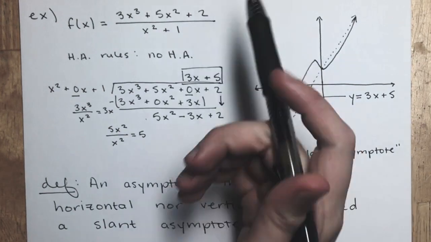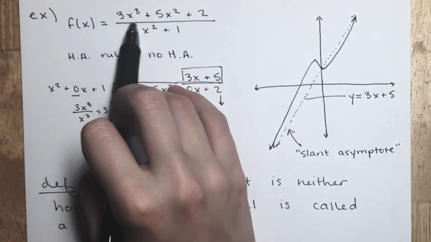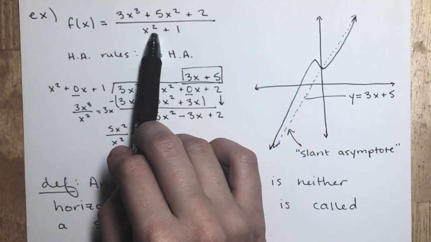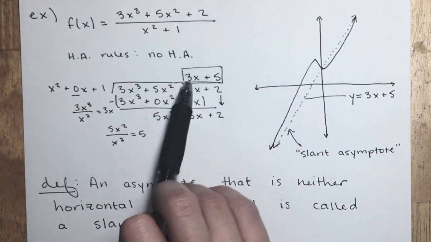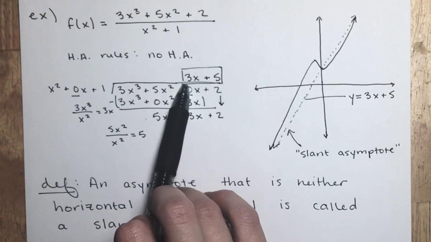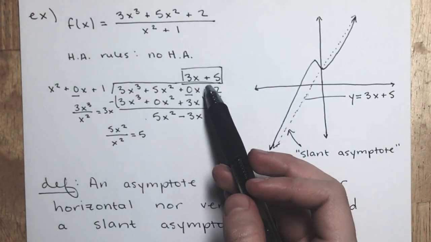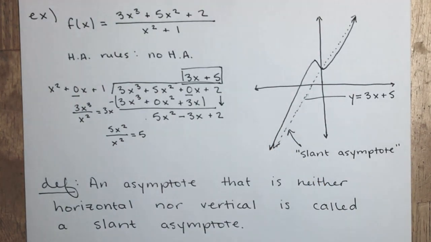So in this case, we're dividing something that has 3 x's by something that has 2 x's. And what are we left with? Something that has 1 x. And something with 1 x is always a line, right? It's always linear. Y equals something with 1 x.